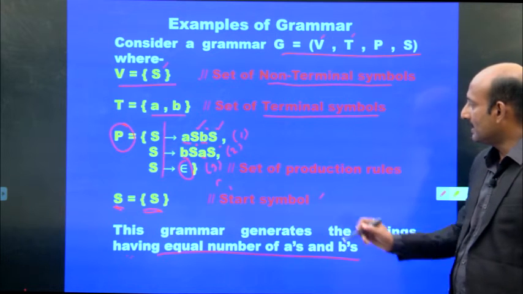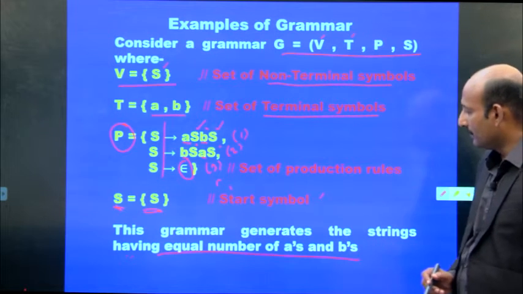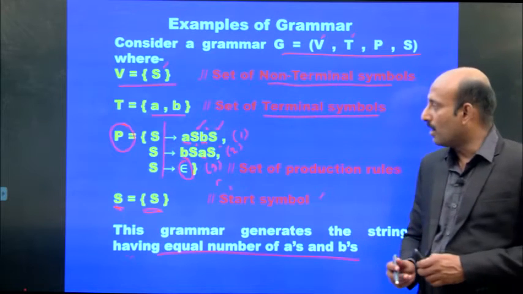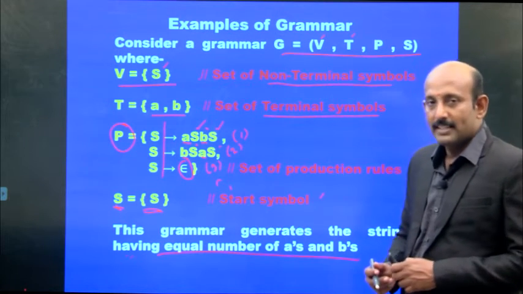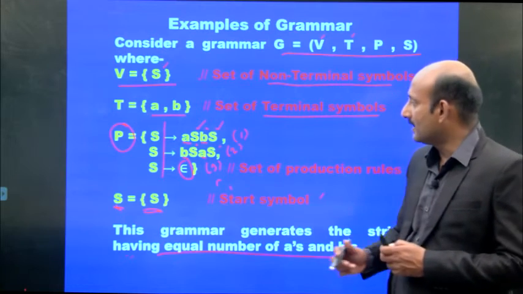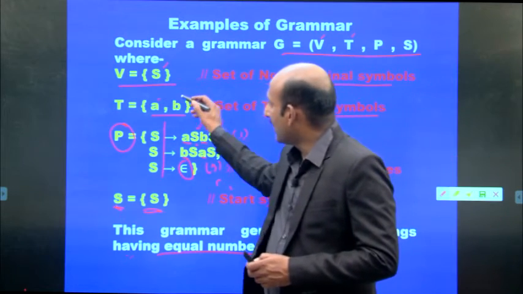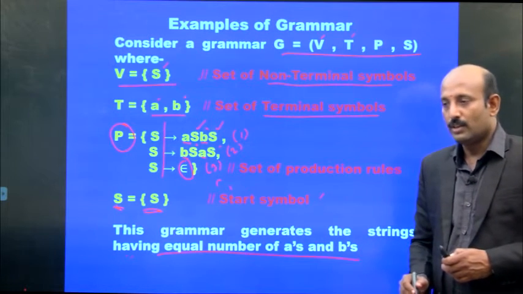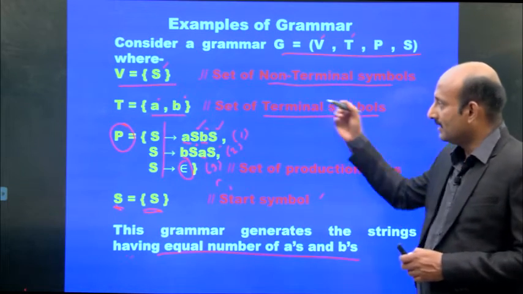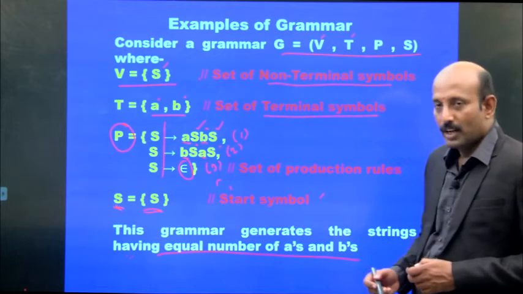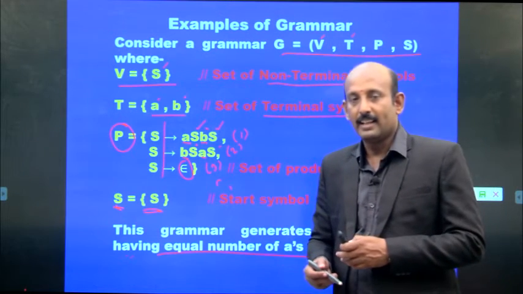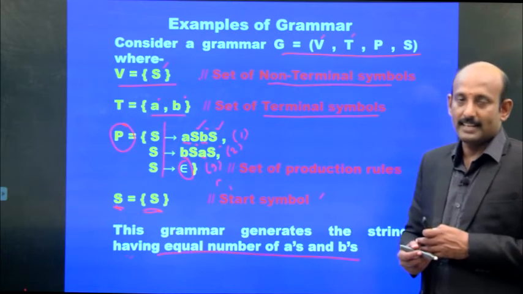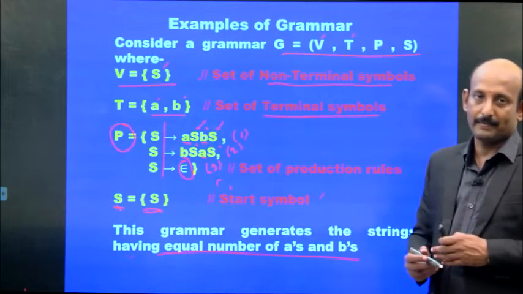The language consists of strings containing a and b. We can apply these productions recursively, and then we can find which strings are generated by this grammar.